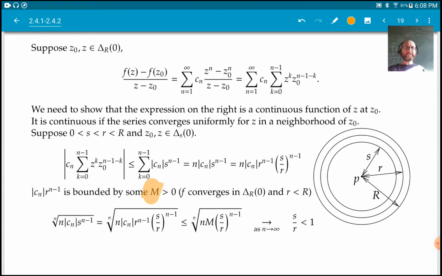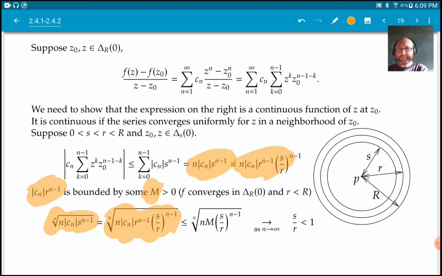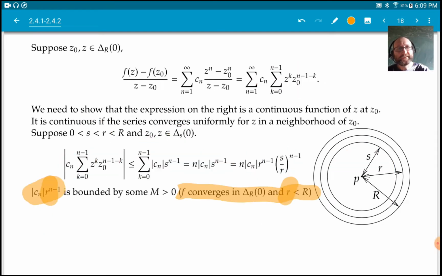So now I want to use the root test. I'm going to take the nth root of this thing, which looks a little nasty, but it's not too bad. This guy over here is bounded by M; that's where this M comes out. Then I have this n out here, and I have this guy to the n minus 1 power, and I'm taking the nth root. Sorry, that's not what I wanted.